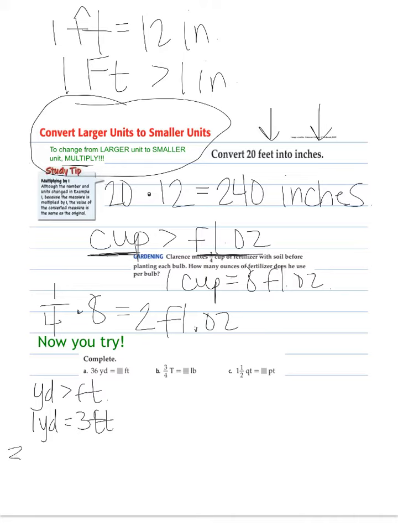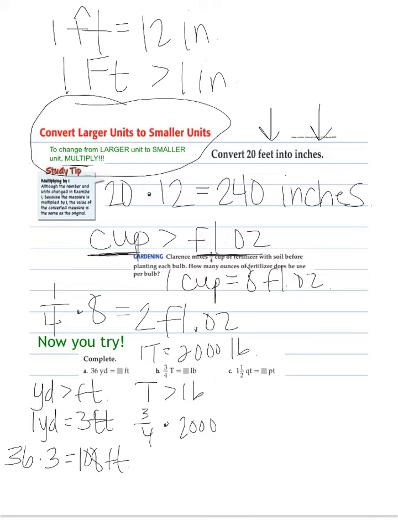So I'm going to take 36, multiply it by 3, and I get 108 feet. I know that a ton is greater than a pound, so I'm going to take 3/4 and multiply it times 2,000, because 1 ton equals 2,000 pounds.